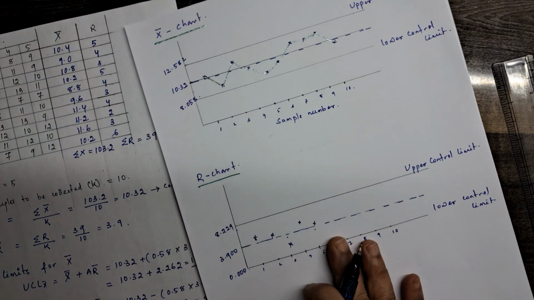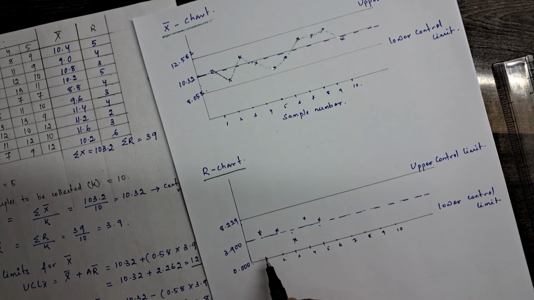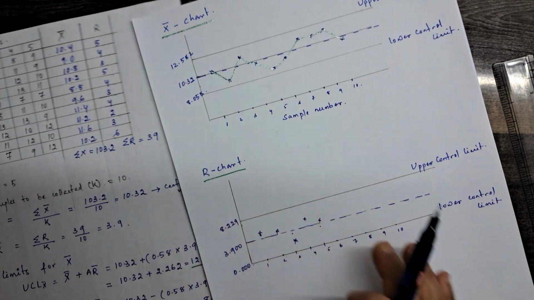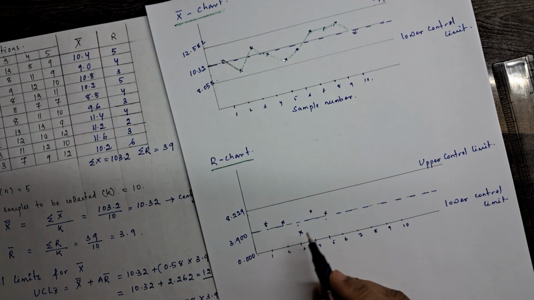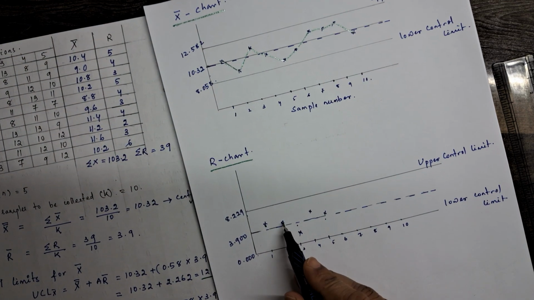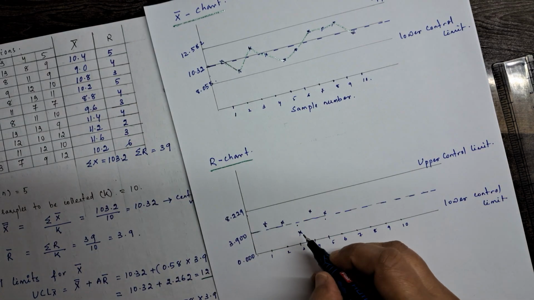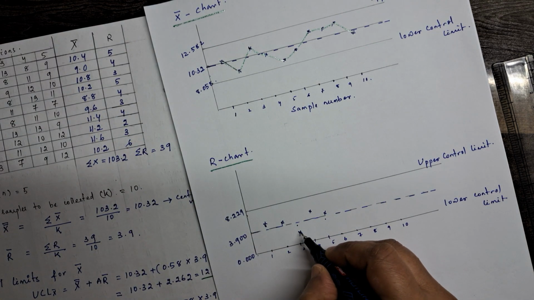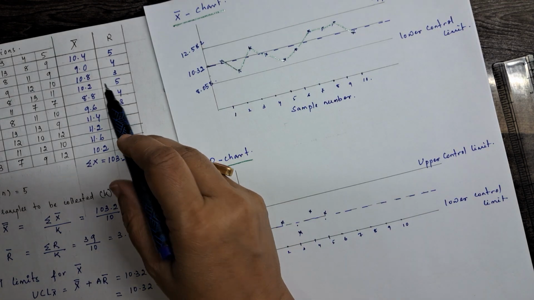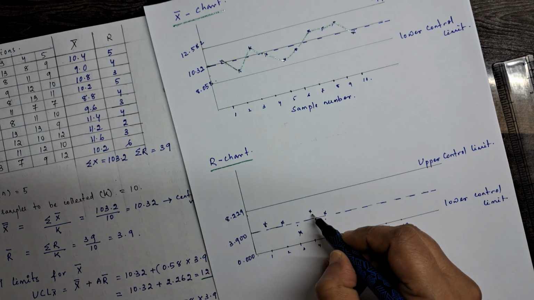So for sample number 1, the value is 5. For sample number 2, the value is 4. Sample number 3, the value is 3. Sample number 4, value is 5.